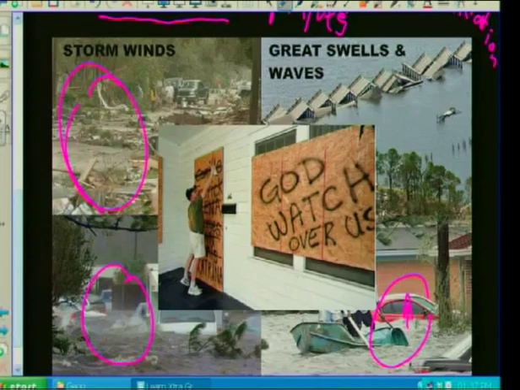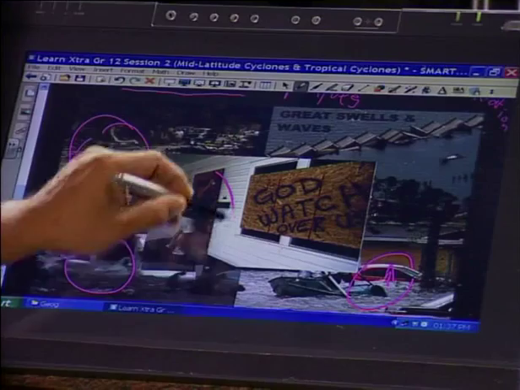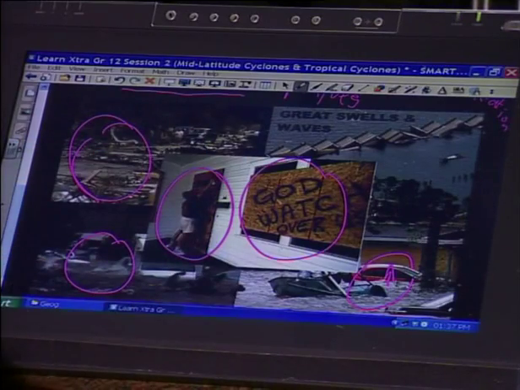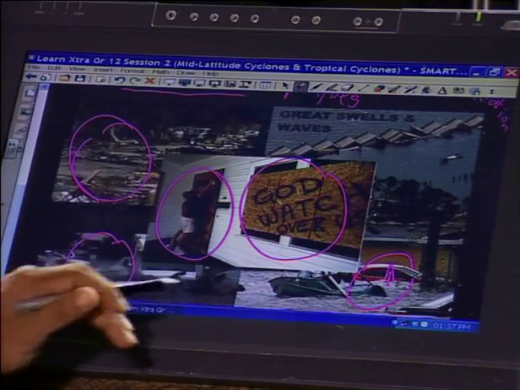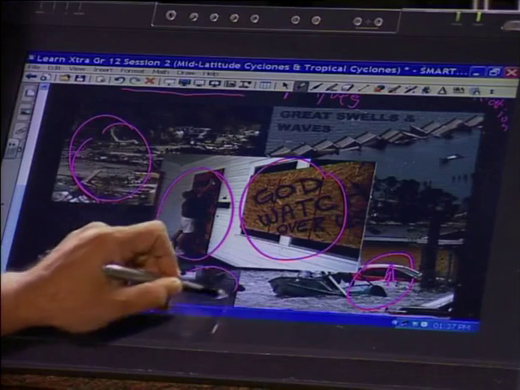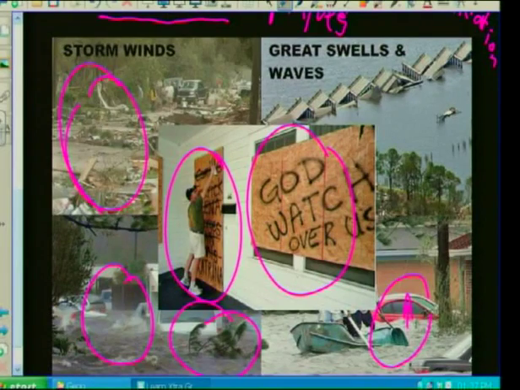It's one of the most devastating natural phenomena that hits our areas. There's this guy taking precautionary measures, blocking off his windows, to limit the impact of the water. You can even see here the strong winds bending those things.